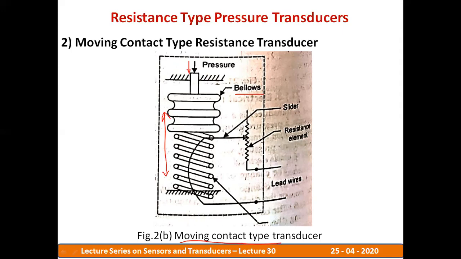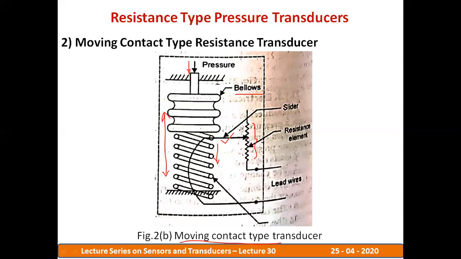Okay. So pressure is transferred to the moving contact with the help of this bellow. Here we have a resistive element, and this is the slider. This is a slider which moves according to the movement of the moving contact. So if the moving contact moves down, the slider will also move down.